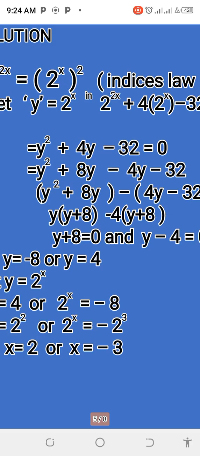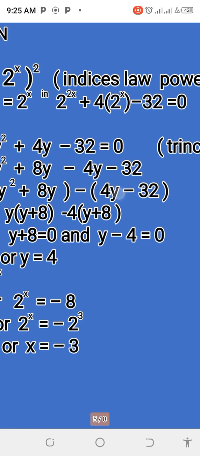So what you need to do next is to factorize. When we factorize, y is common here: we bring out y, and y into y gives us y, and y into 8y gives us plus 8. In this other part of the equation, minus 4y minus 32, minus 4 is common. So you bring it out. Minus 4 into minus 4y is y, then minus 4 into minus 32 will give us plus 8.